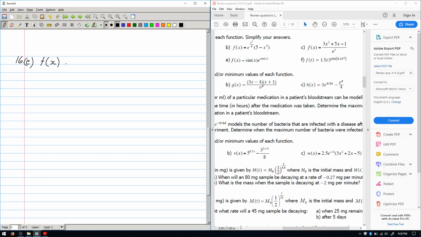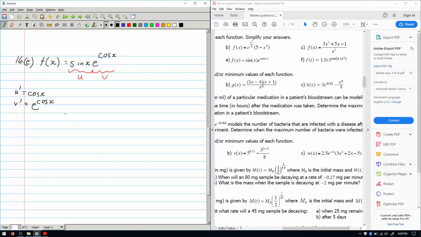f of x equals sine x e to the cos x. Okay, now this is also a product rule, but this is made up of a trig and an exponential trig combo. So u prime is going to be cos x, v prime is going to be e to the cos x.